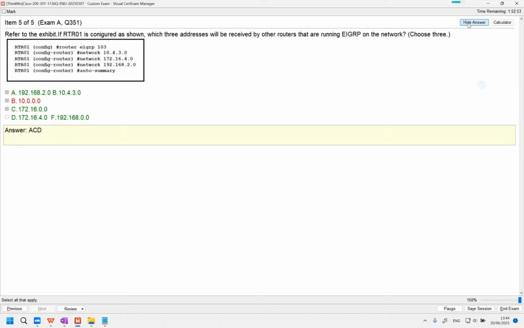All right, let's look at the correct answer. This particular thing, let me carefully see. How could there possibly be such a significant mistake here? The correct answer, it automatically summarizes to 10.0.0.0, summarized as a Class A address.